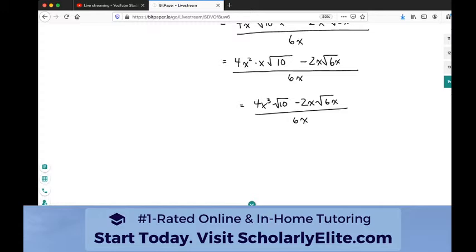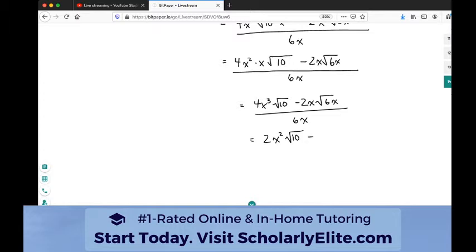So now what we can do, just like we did earlier, is simplify this and reduce it by dividing each term by 2x, because as we can tell, all three of these coefficients can be reduced by 2x. If I do that, I'm going to be left with 2x squared here. Remember that the radical stays the same.